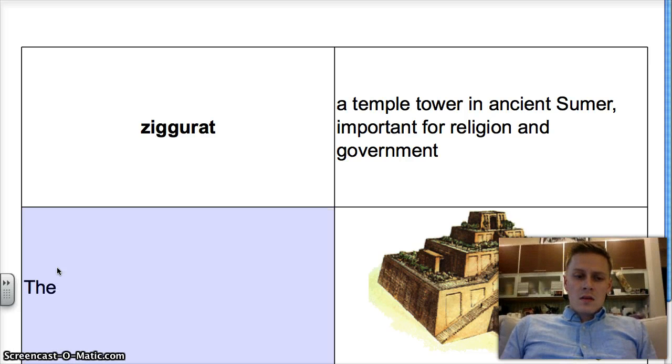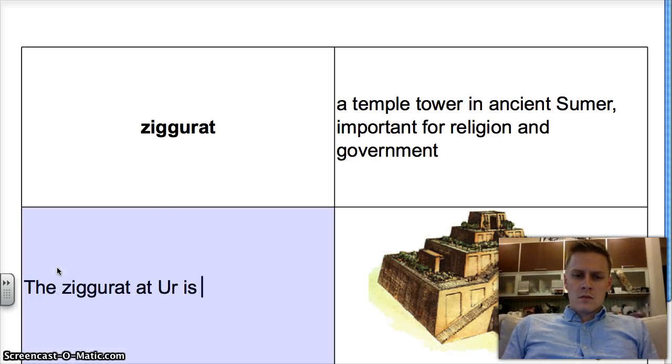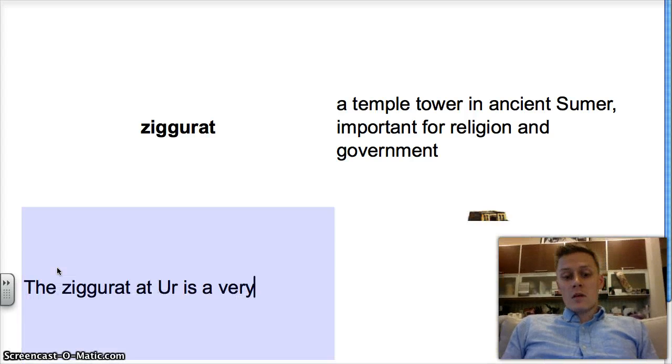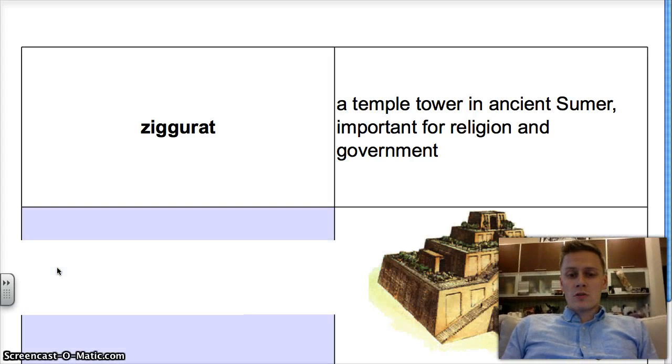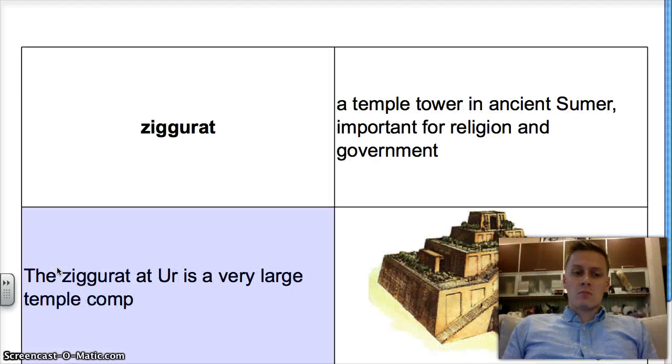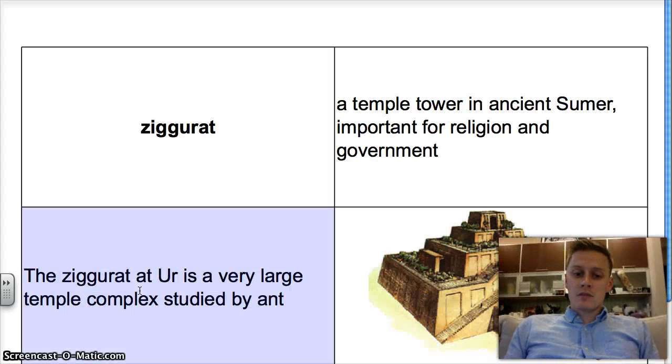So the ziggurat at Ur is a very large temple complex studied by anthropologists. Better yet, let's do archaeology.